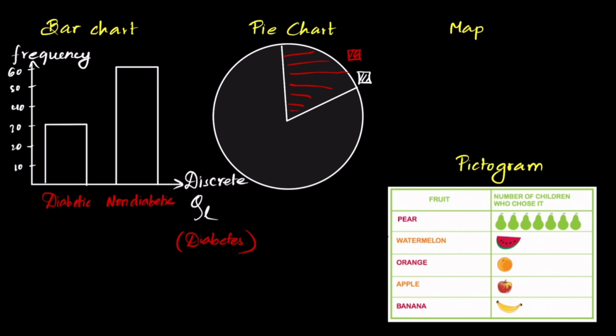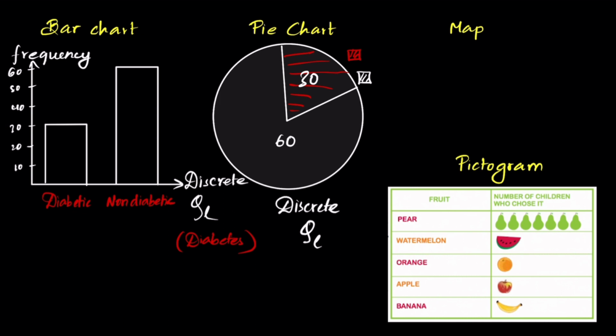So this means that here you have 30 people who are diabetic and here you have 60 people who are non-diabetic out of a total of 90 people. So that's your pie chart. Again, the type of data represented is discrete qualitative data.